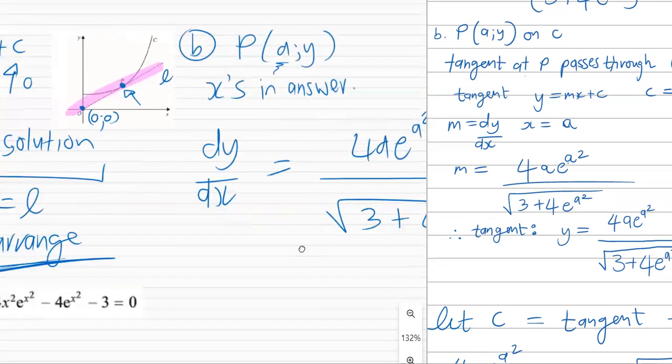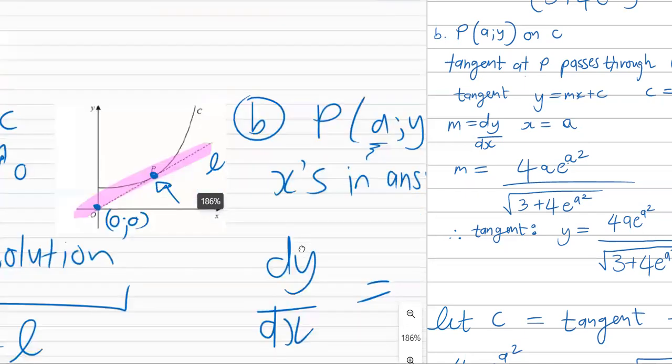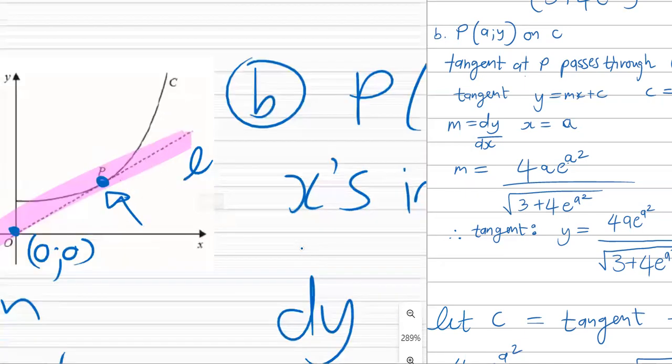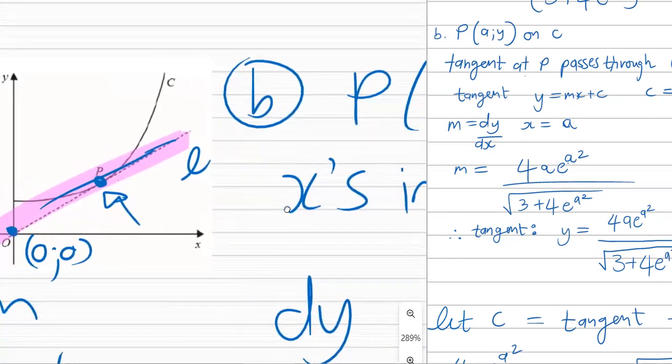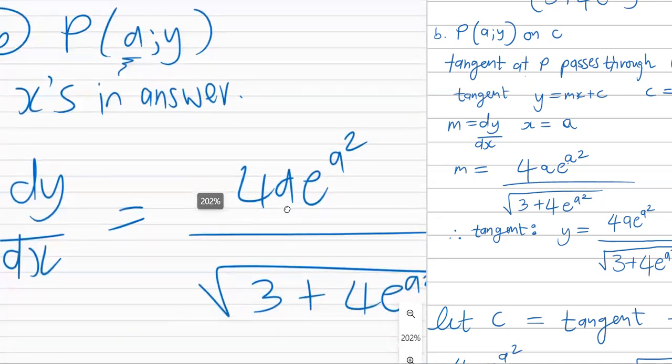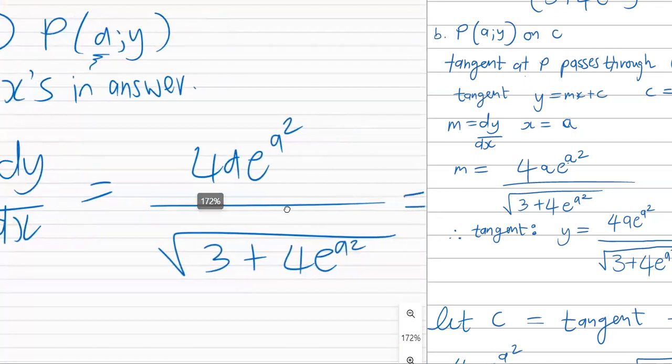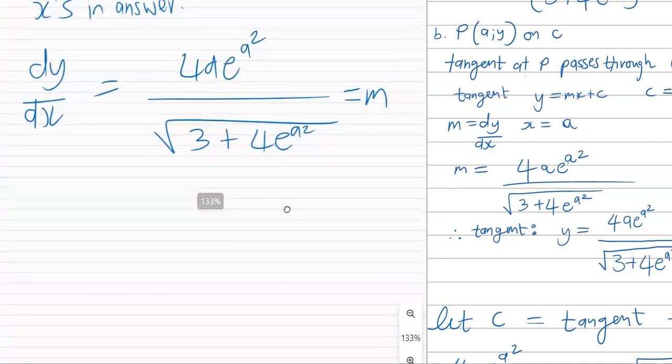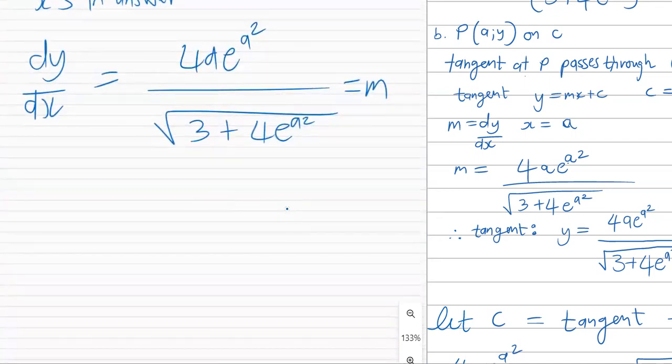So if we look at our tangent line, we now have the gradient of this tangent line. I want the whole line, but what else do we know? So let's take a look at any tangent line.